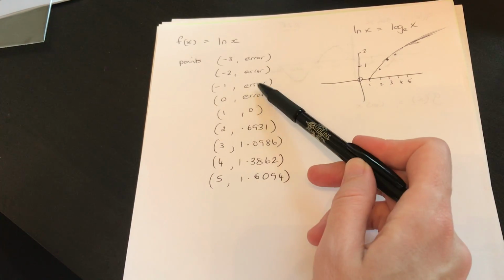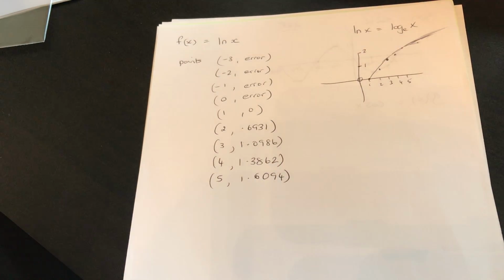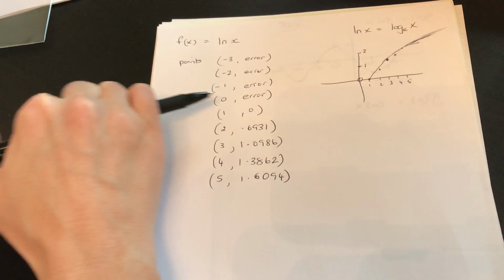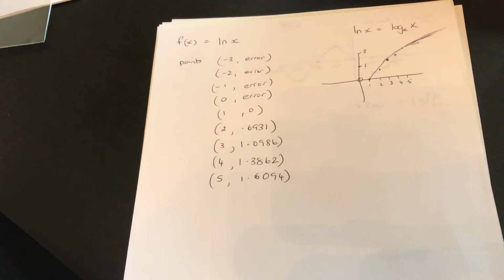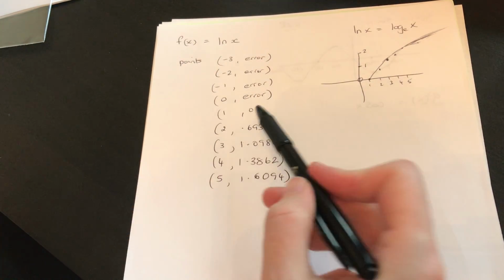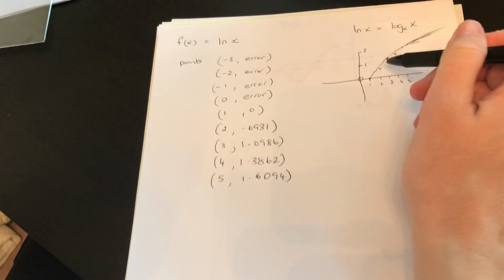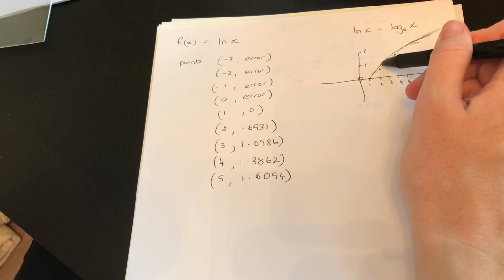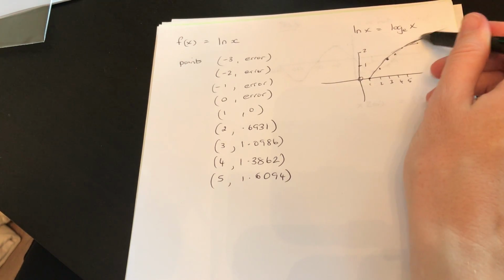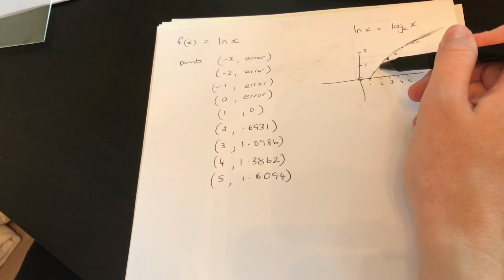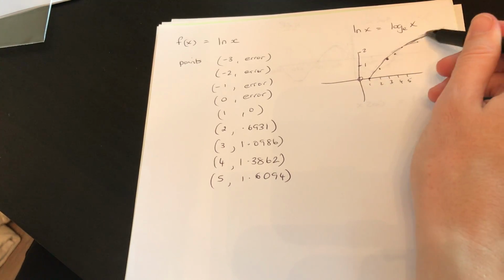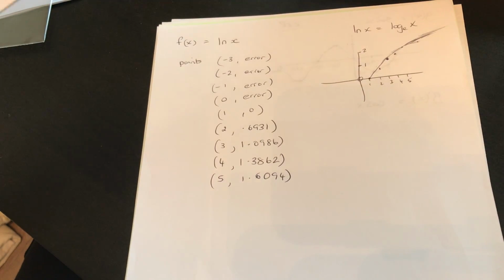All of these are errors, which, if you understand logs, should make sense as to why I kept getting an error for each of those: any minus numbers and 0. And then I could start plotting over here, and this is the graph that I got. Again, it looks like it's a plus all the time, always going up. But it was quite steep at the start, and then maybe gets less steep as we go along.